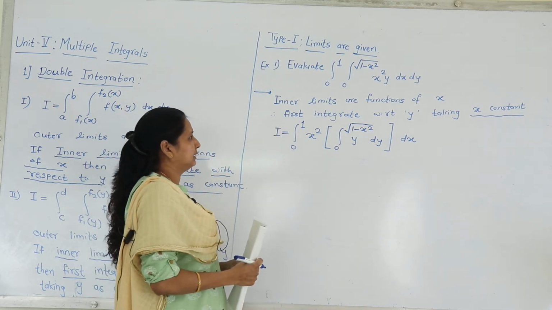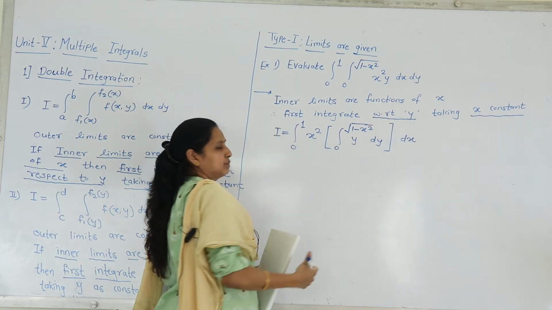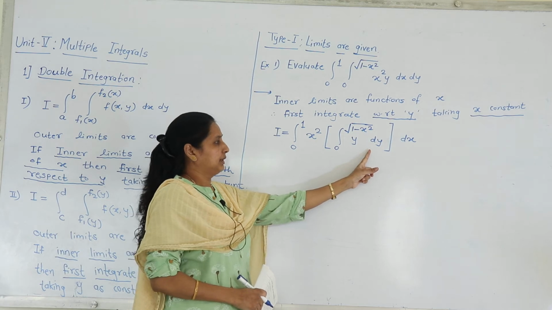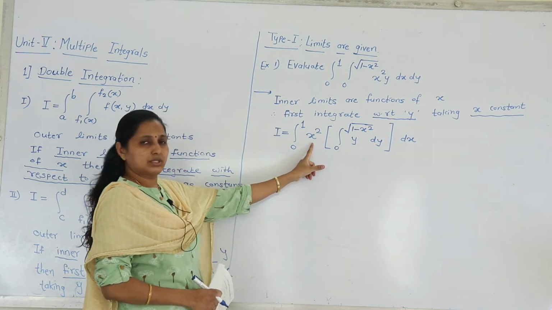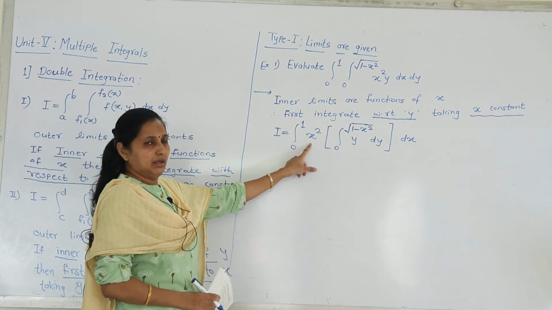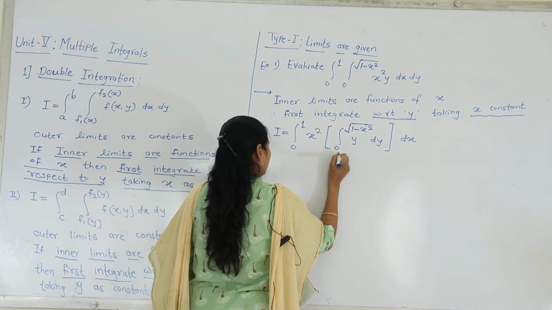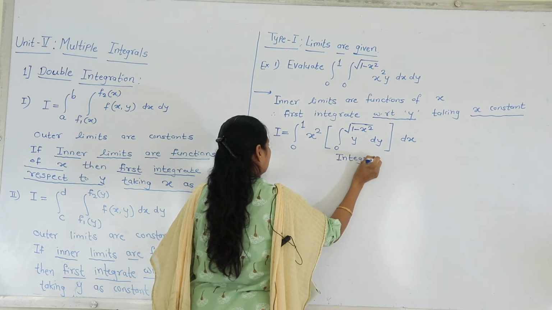First we integrate with respect to y, therefore only the y term is in the bracket, dy should be first, and outside of the bracket is dx. X square is constant and multiplied, therefore we can take it outside. Now first integrate only this bracket, y dy.